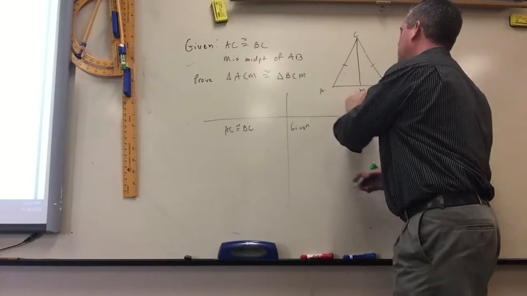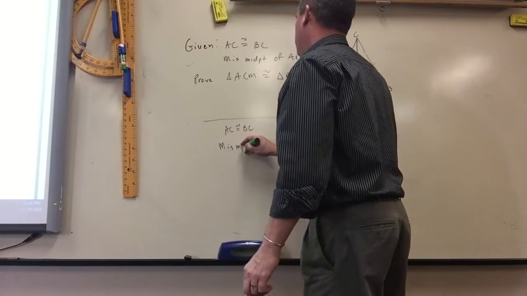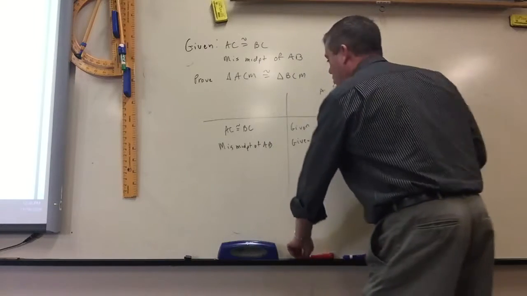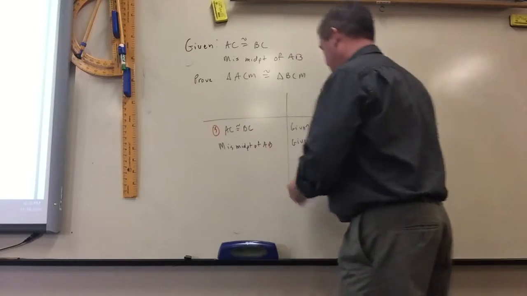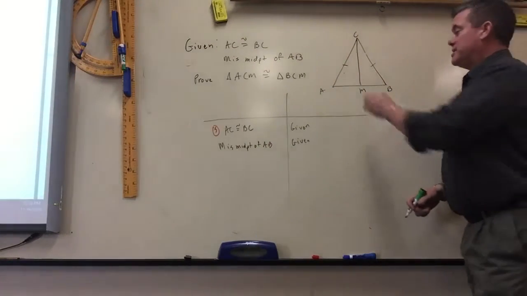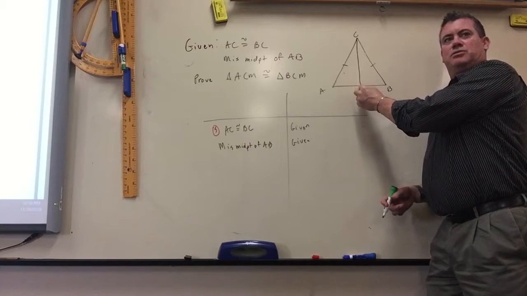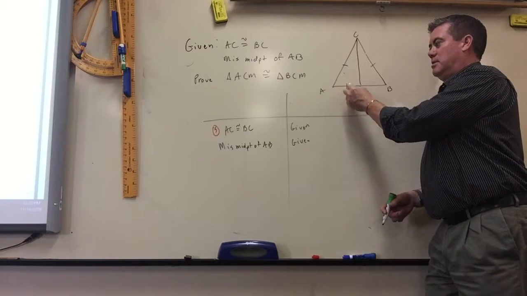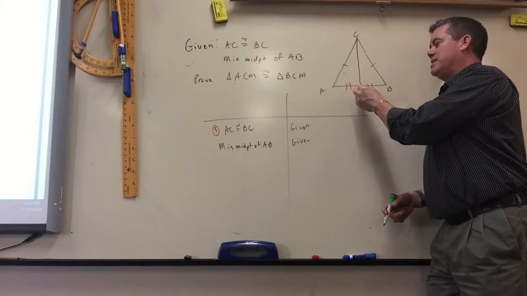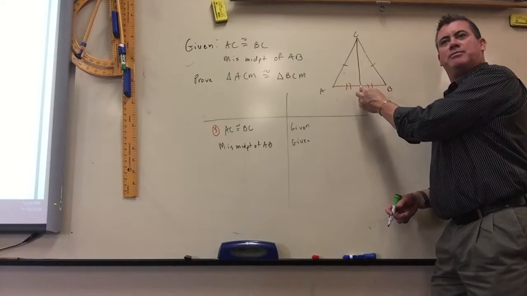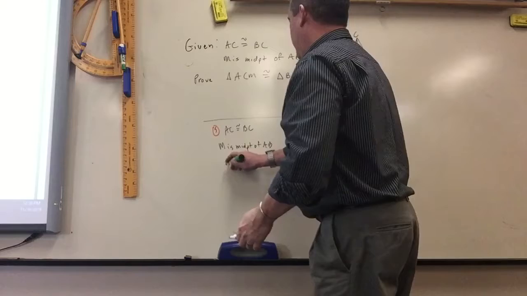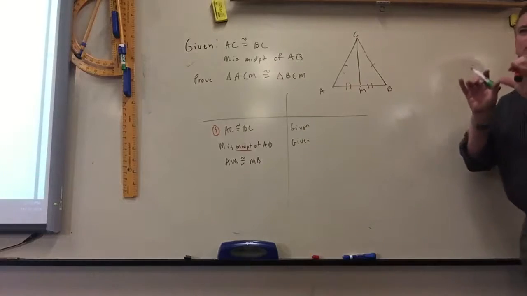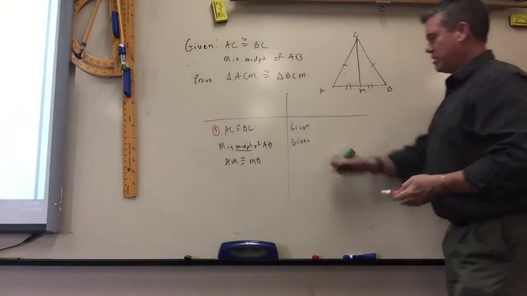They say that M is the midpoint of AB, given. So far they gave us one side. So, since M is the midpoint, what can you say is true? AM has to equal MB, because midpoint means it cuts it in half. So AM is congruent to MB. Anytime they say something's a midpoint, you're gonna find two things are equal to each other. That's definition of midpoint.